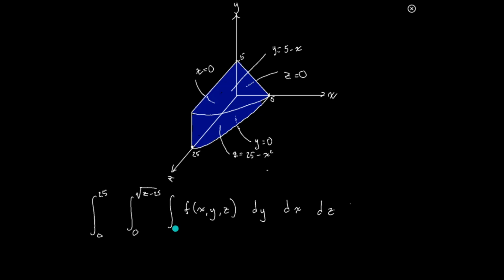Now for our last set of bounds, for y. So now we have this area, right, that we're already working with. From this area, we go up off that area. We say, okay, for any point on this area, when I go up, what are my lower and upper bounds?